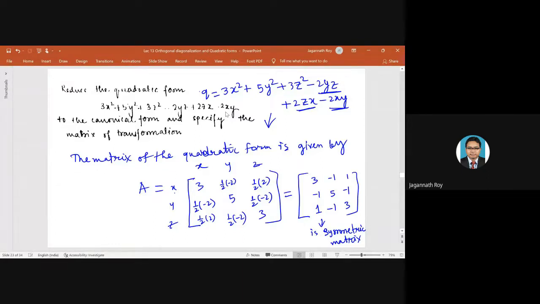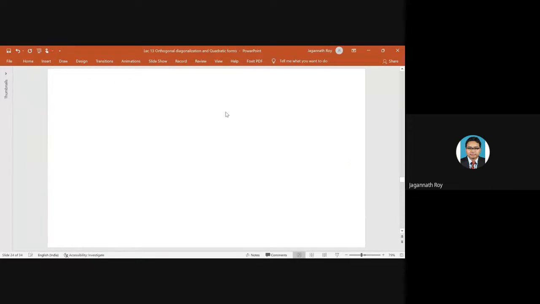Now if you try to find the eigenvalues and eigenvectors, what will you get? Find the eigenvalues of A equals 3, minus 1, 1; minus 1, 5, minus 1; 1, minus 1, 3.